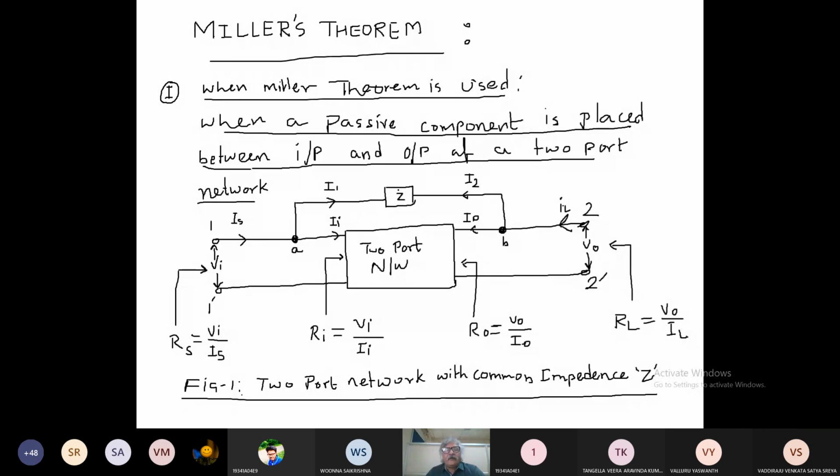So this Z we will remove and we will connect a new impedance at the input side and at the output side.